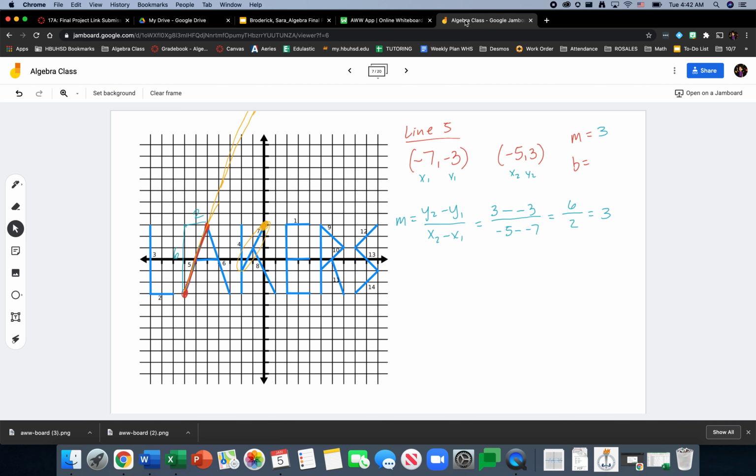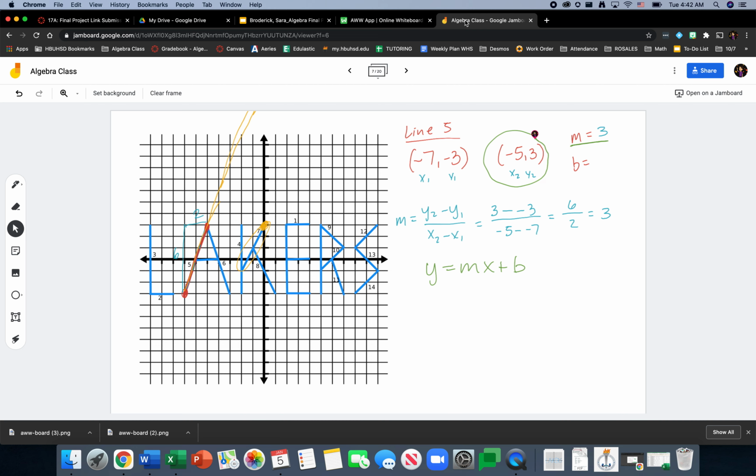So here's how we figure out the y-intercept mathematically. Remember, I take what I know. What I know is my m, and I'm going to use an x and a y value. It doesn't matter which of these points. I could use this x and y value, or I could use this x and y value. For me, I'm going to go ahead with this one, since I got a positive number in there, a little smaller.